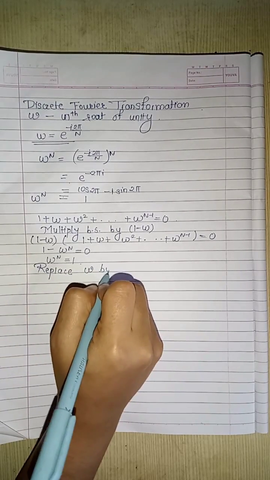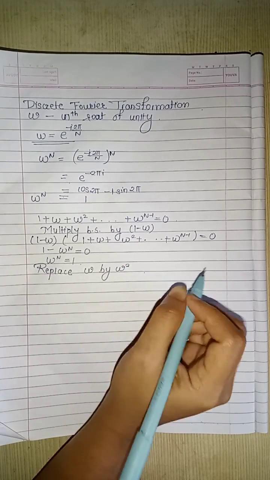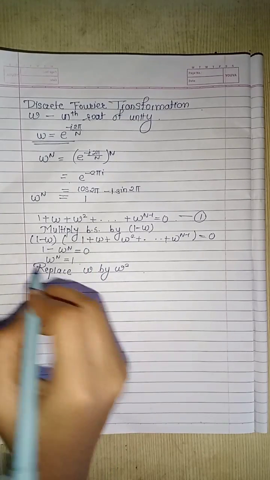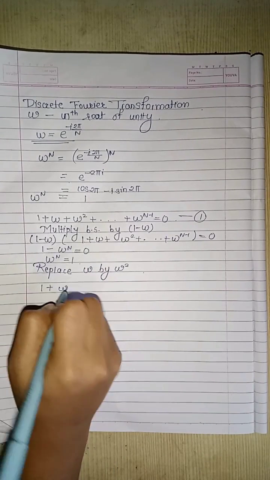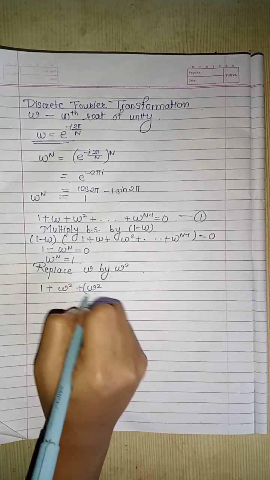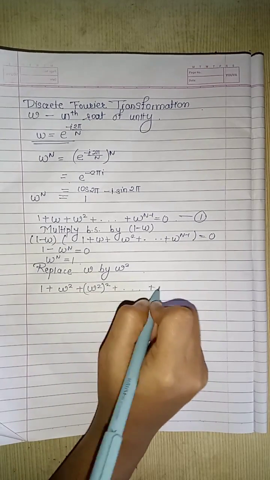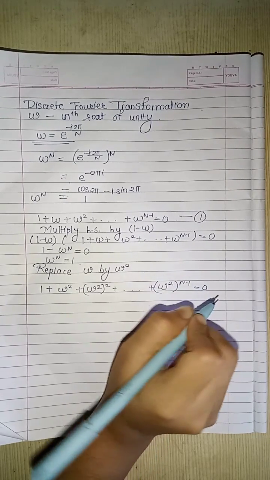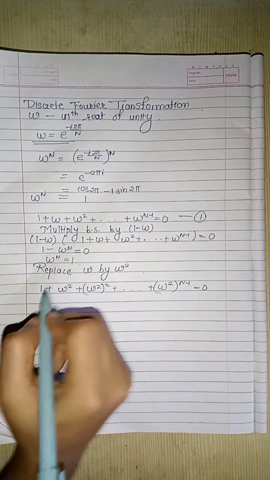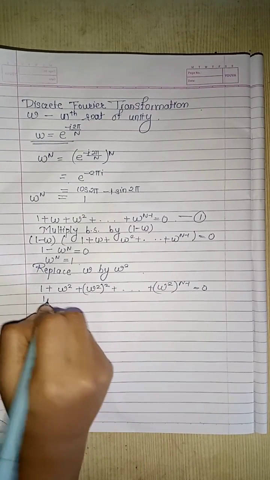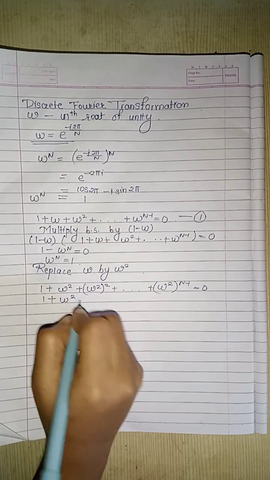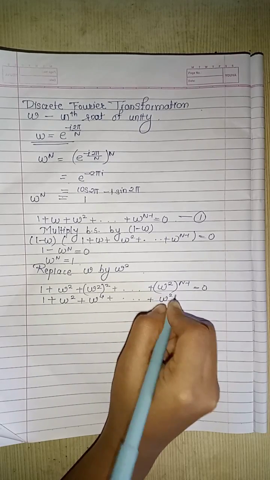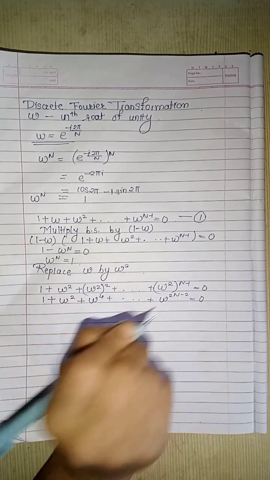Now replace omega by omega square in the above equation, that is equation 1. If we replace this, then what we'll get is 1 plus omega square plus omega raised to 4 plus up to so on plus omega square raised to n minus 1, which is equal to 0. We can directly write it as 1 plus omega square plus omega raised to 4 plus up to so on plus omega raised to 2n minus 2, which is equal to 0.